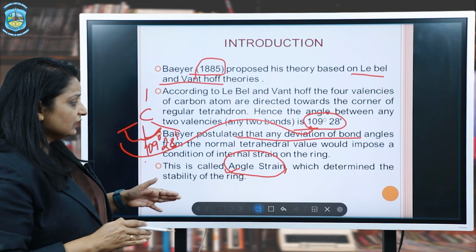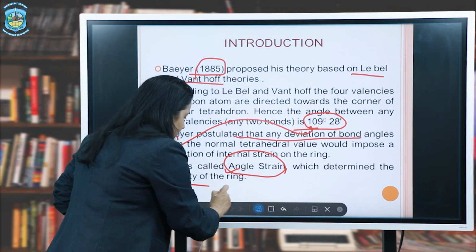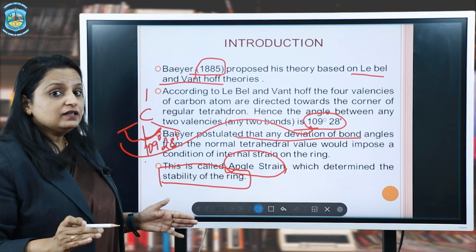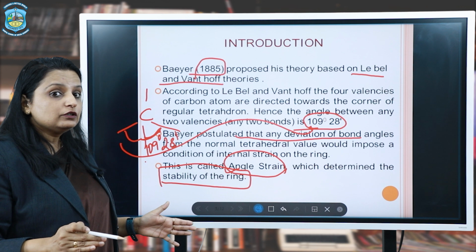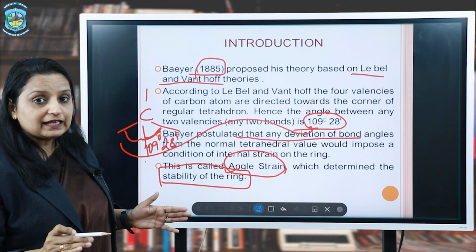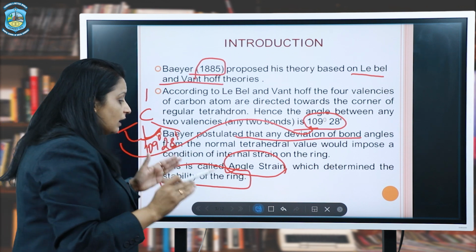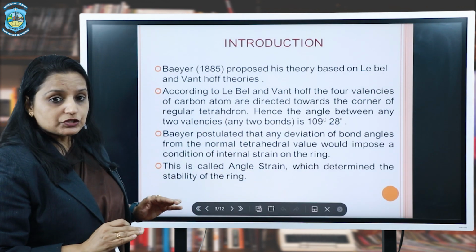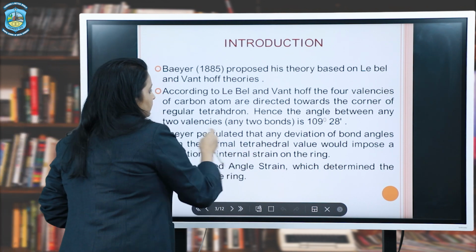So angle strain determines the stability of the ring. Therefore, Baeyer strain theory is related to stability of cycloalkane rings.